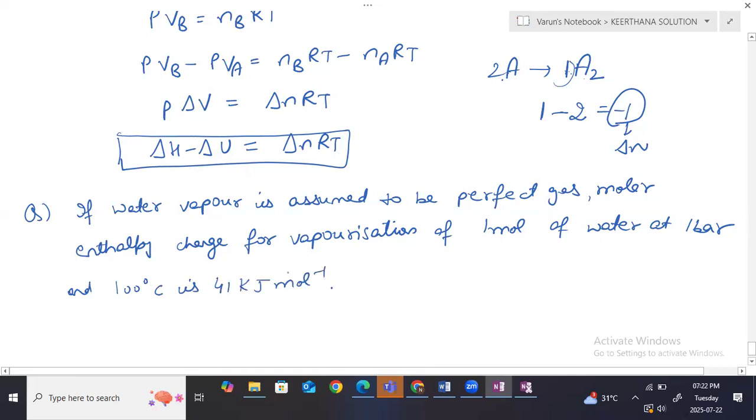Enthalpy change has been given to you, means delta H has been given to you, right?